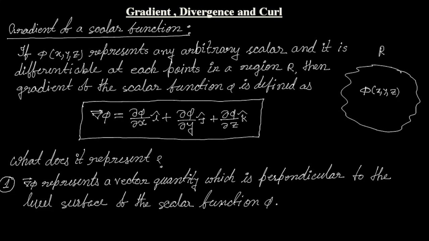Okay. So if we have a scalar function phi and we take its gradient, that will give a vector quantity which will be perpendicular to that level surface.